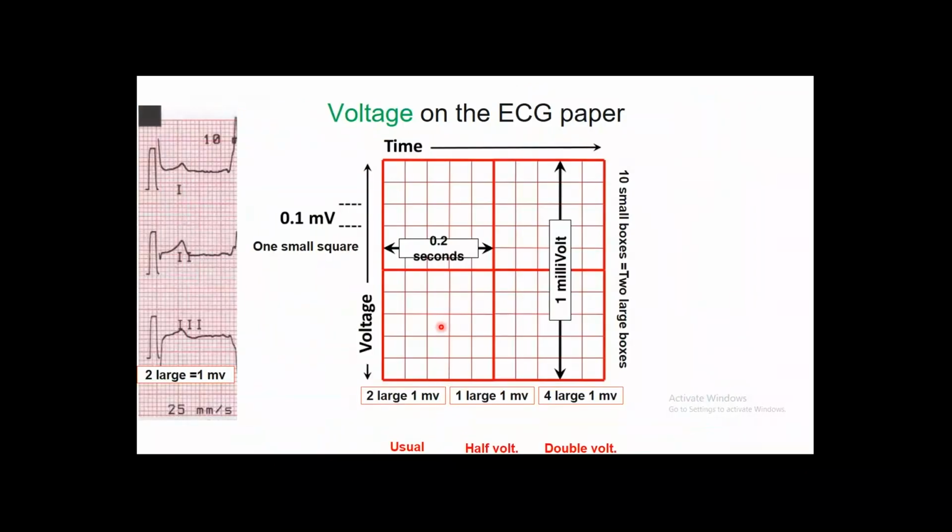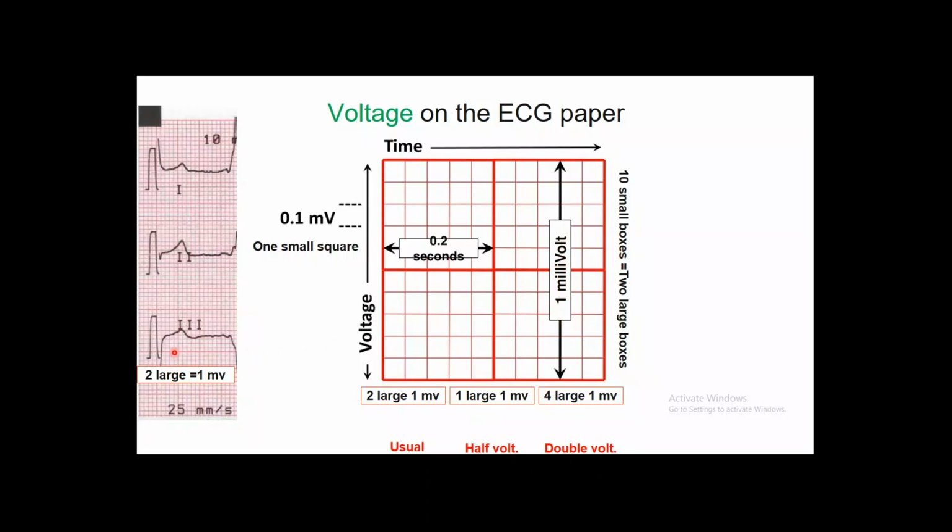What about the voltage? Each small square equals 0.1 millivolt. So each 5 small squares forming a large square, each large square equals 0.5 millivolt, and each 2 large squares, or 10 small squares, equal 1 millivolt.